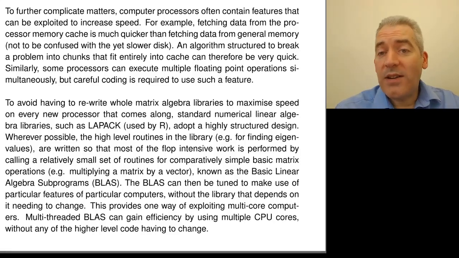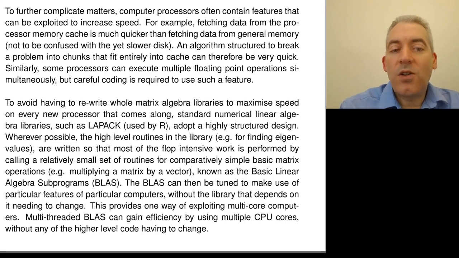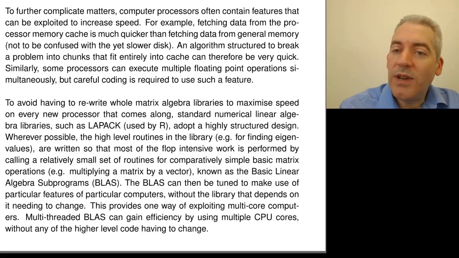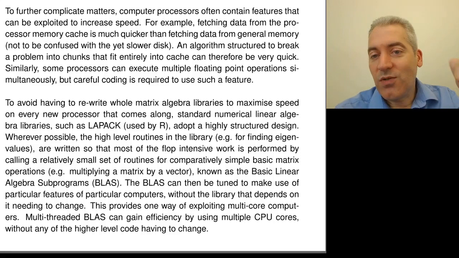And on top of that, you've got your code or another language such as R sitting on top of that. And so when you do an operation in R, it calls maybe the LAPACK routine and LAPACK calls the BLAS routines.